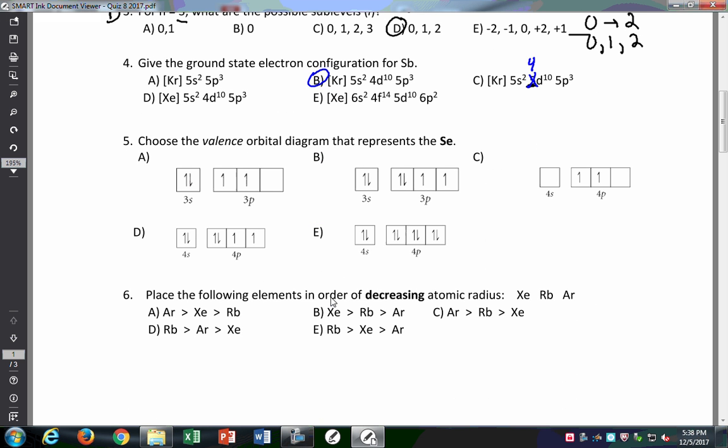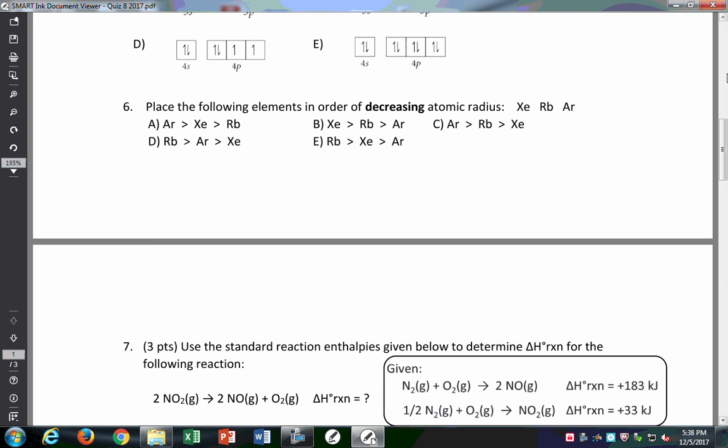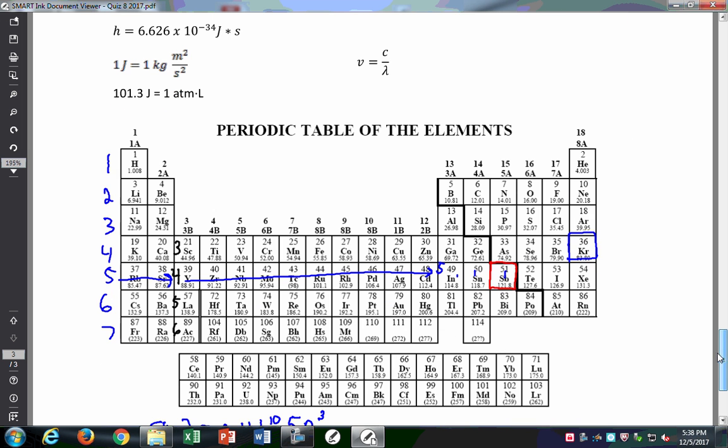Now here's the valence orbital diagram for selenium. Again, let's look back at our periodic table. Selenium is 34. So we have our 4s.